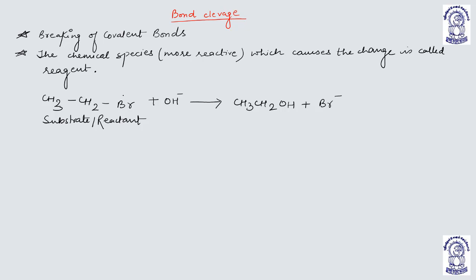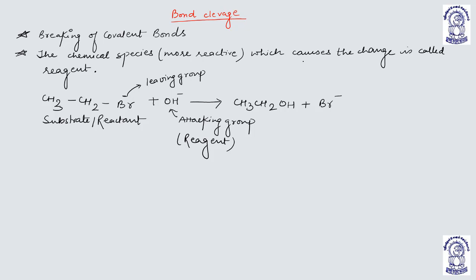Br minus is the leaving group. OH minus is the attacking group. The attacking group which brings out the change is also known as reagent. And these are the products.